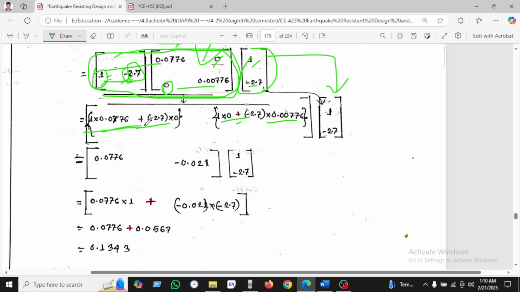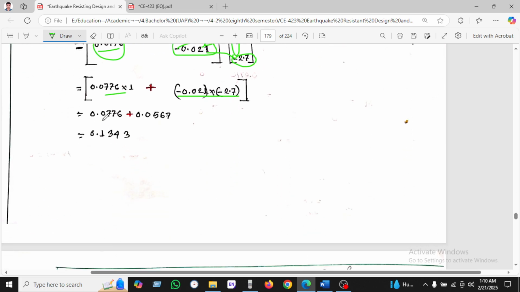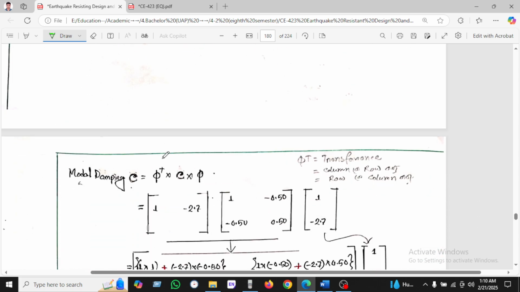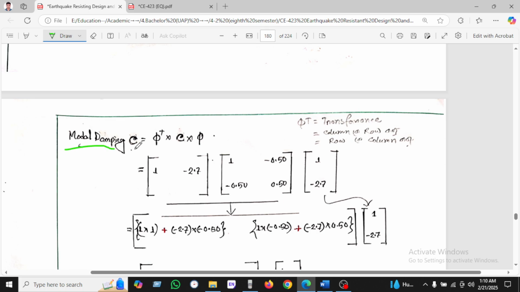In this way we are calculating here and found this value, and calculating here and found this value. Now we are calculating here: 0.007 into 1, 0.007 into 1, and 0.002 into minus 2.7, and in this way we can find 0.1343.